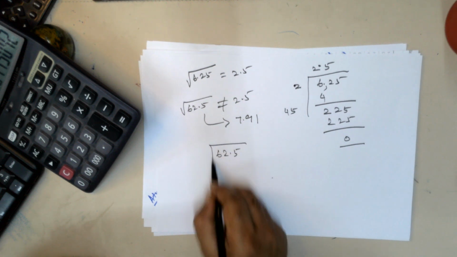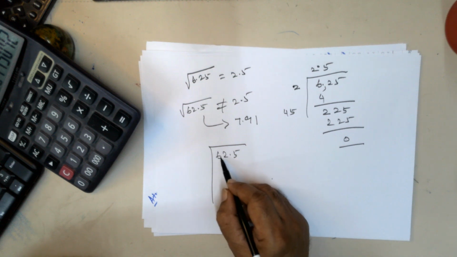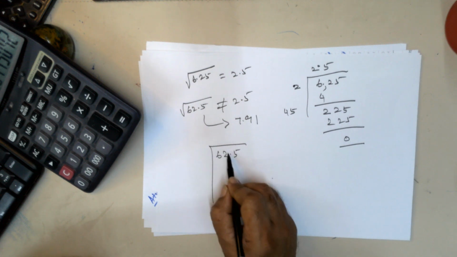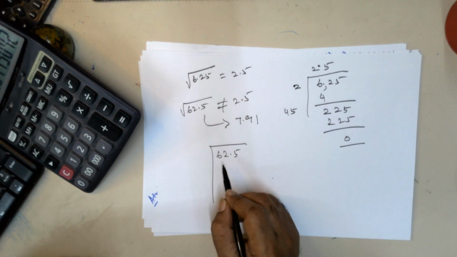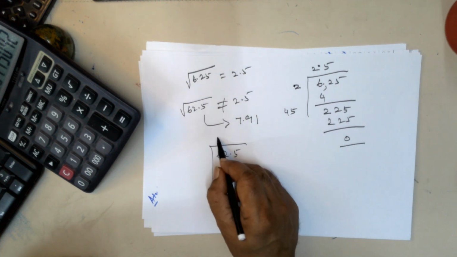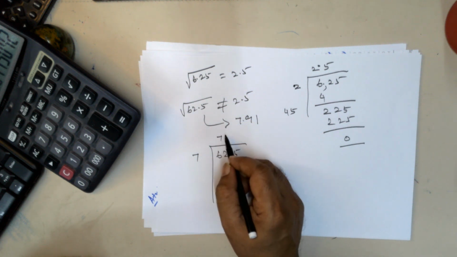For 62.5, now you have to consider 2 decimals only. In this case, I have to consider the whole number, so I have to put 7 only. I cannot put 8, since 8 8s are 64.